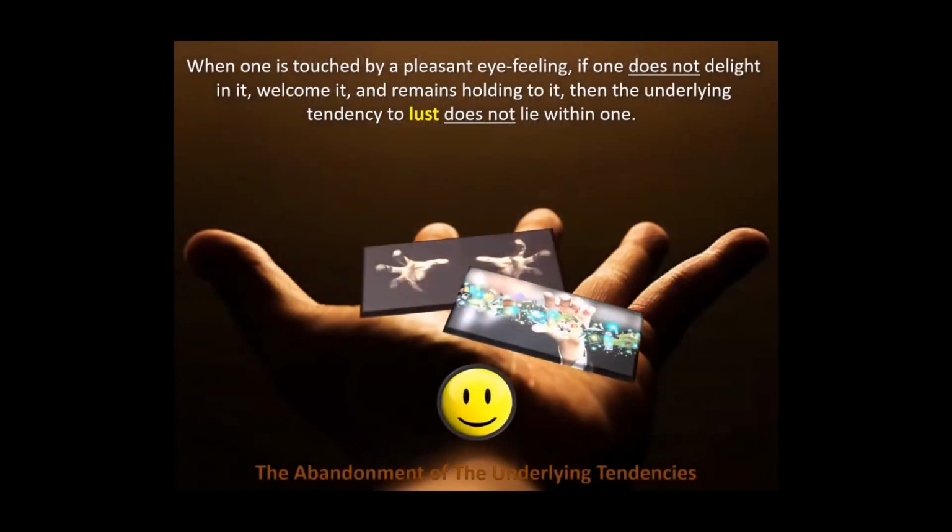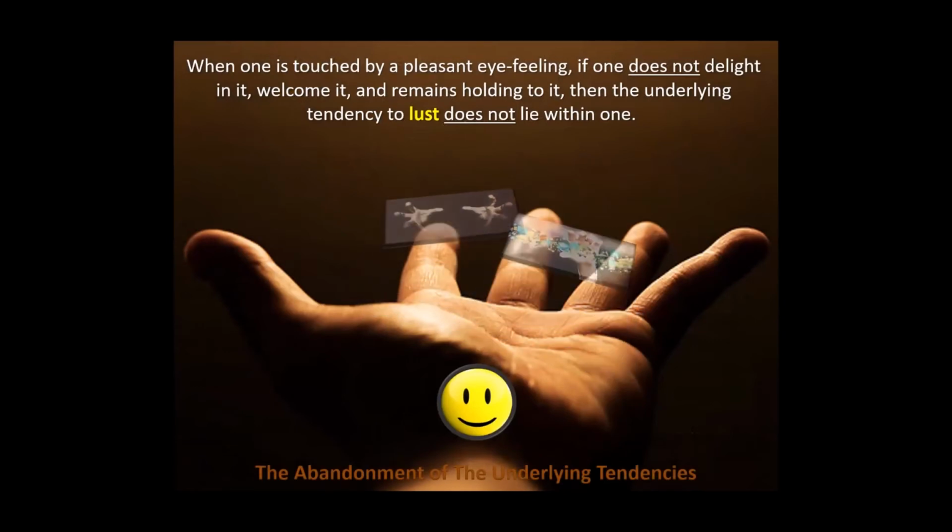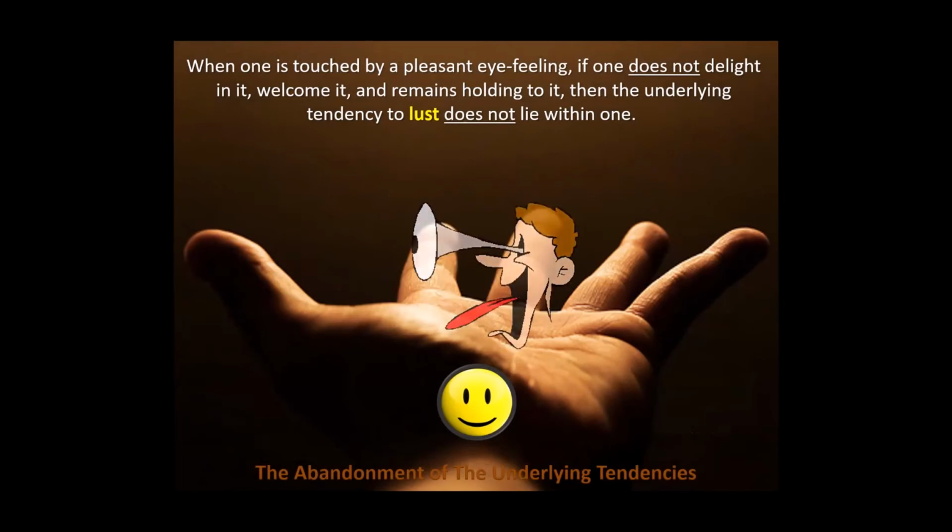When one is touched by a pleasant eye feeling, if one does not delight in it, welcome it, and remain holding to it, then the underlying tendency to lust does not lie within us.